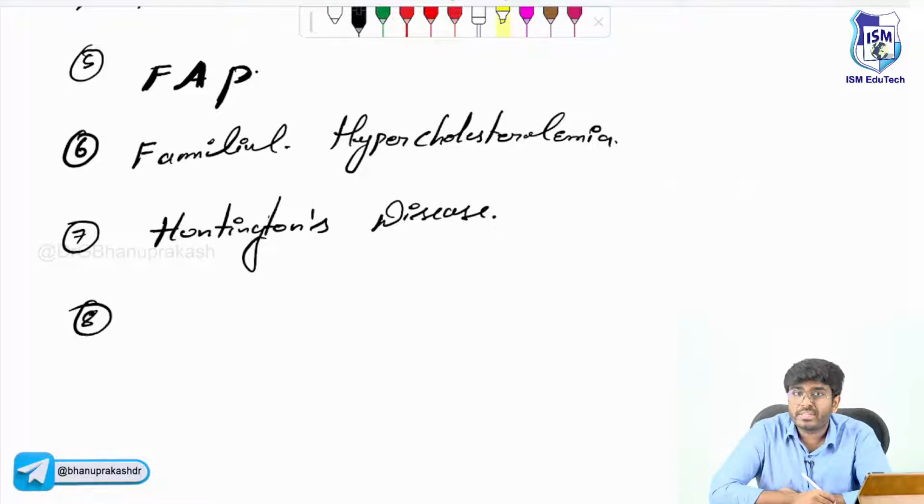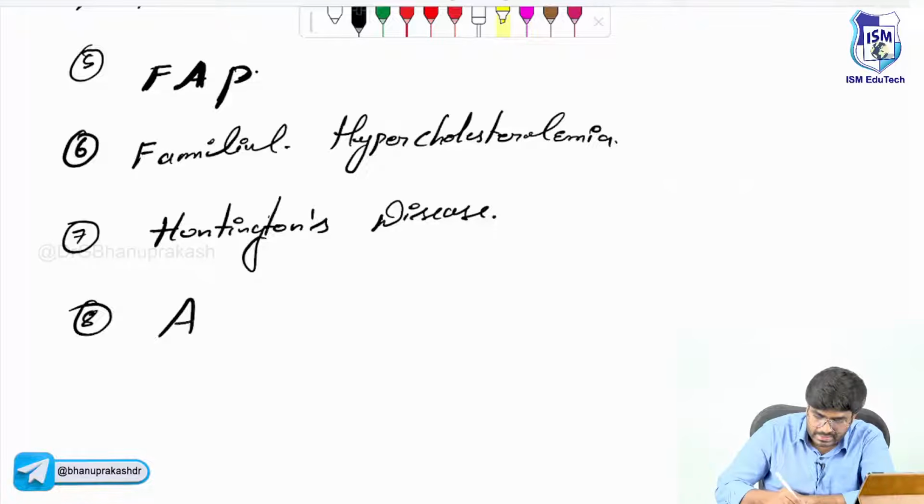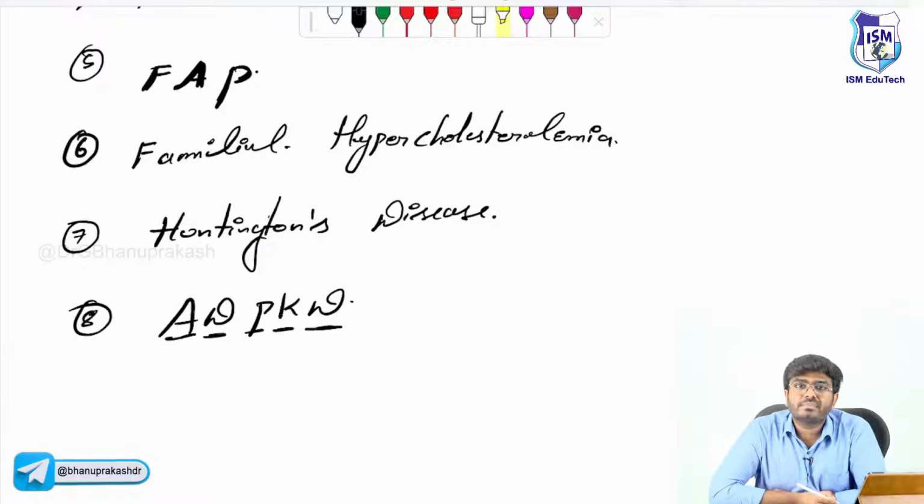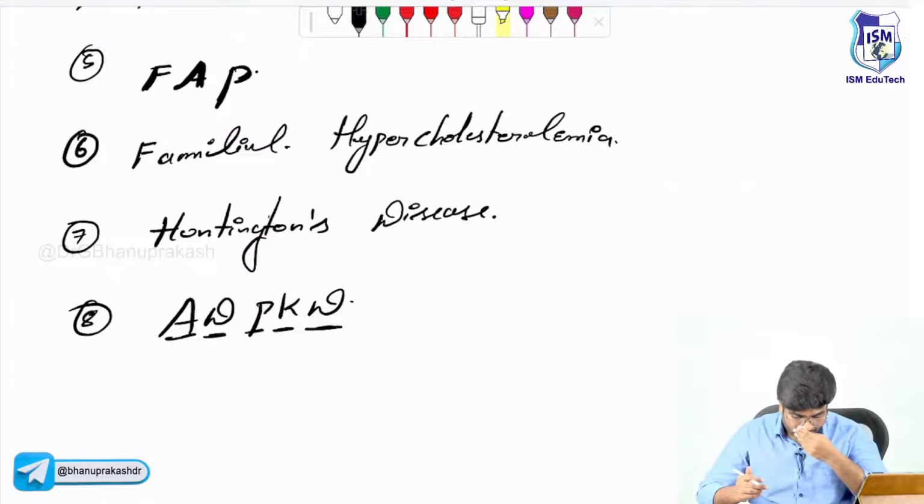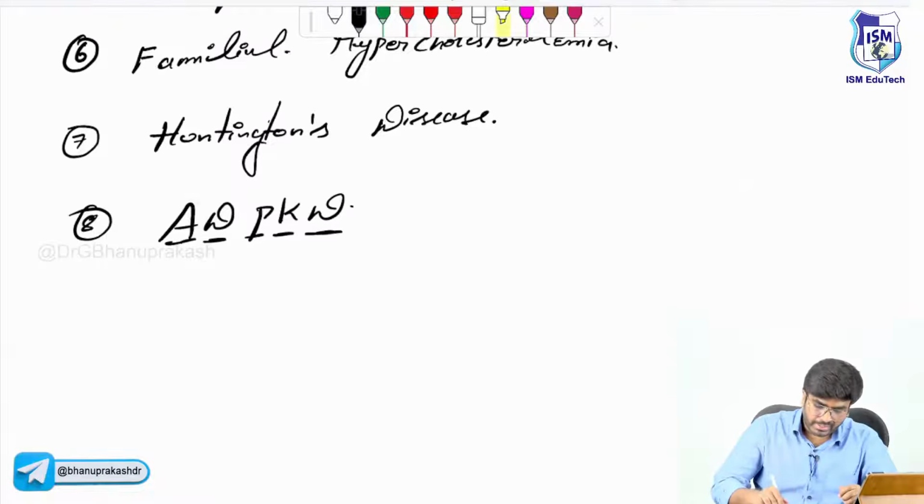Do you know what that is? It starts with the letters AD. That is ADPKD, autosomal dominant polycystic kidney disease, which is adult in onset, also called ADPKD. It is also an autosomal dominant disorder. Kidney completed.